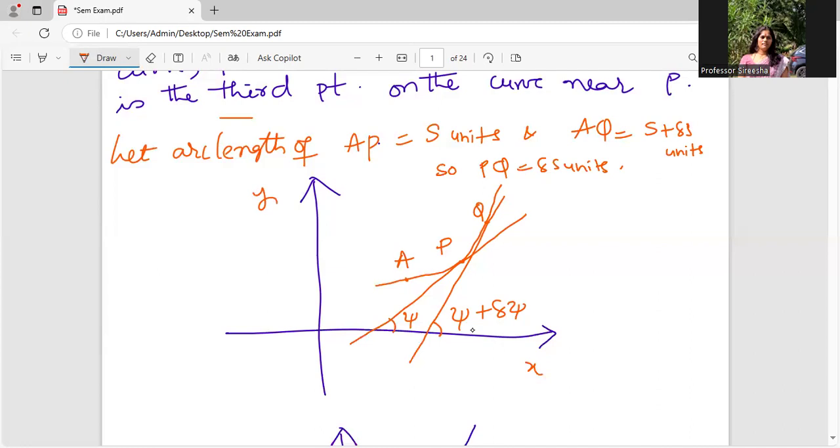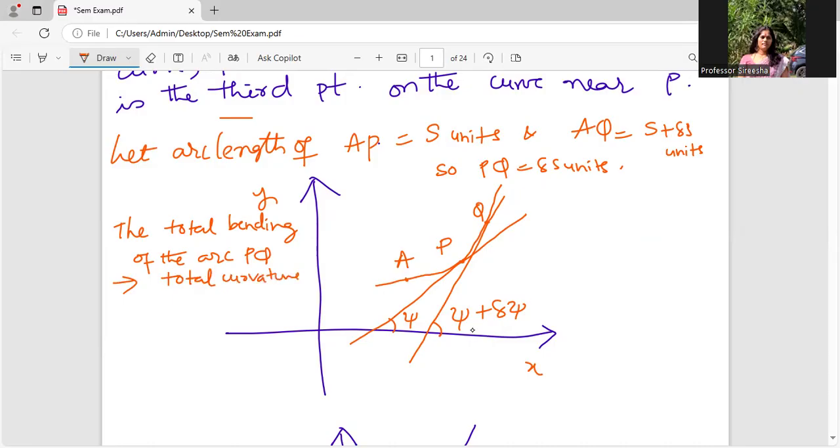Next, what we will do is try to assess the total bending of the curve. What exactly is our motive here is the total bending of the arc PQ, which can also be called total curvature.